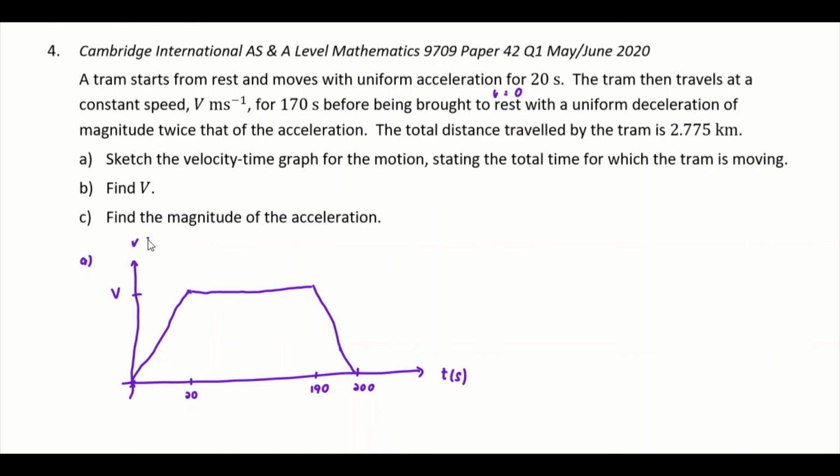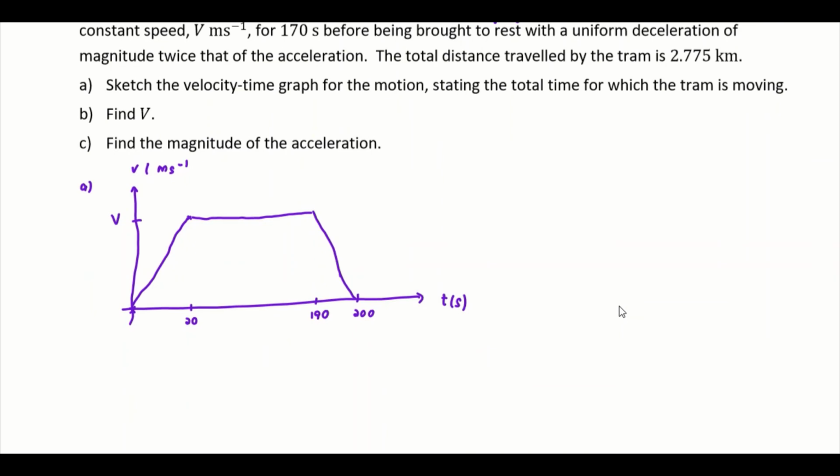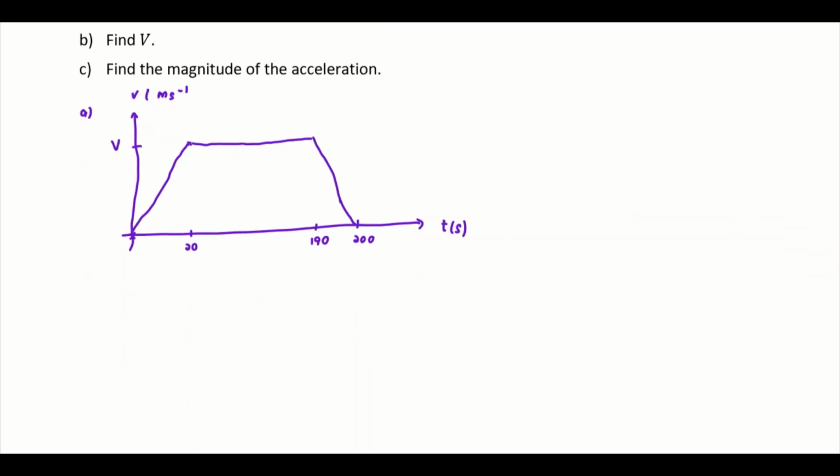Okay, now we'll be looking at B. Find the v, meaning the velocity. One piece of information given by this question is the km here, which means we can use the idea that total distance equals the area under the graph, then you can get v. So the total distance is 2.775 km, and we change it to meters, so 2775.